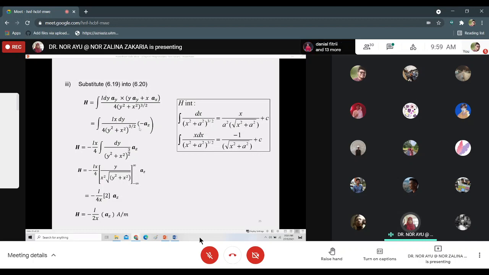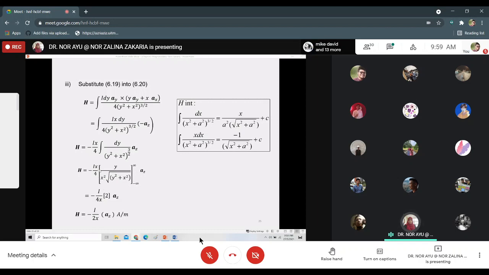Nampak, senang nak nampak. Okay, so this is the one, and then again take out benda yang kamu takkan integrate. So x over 4, and then integration is this one sahaja, dy over y squared plus x squared, and then using this identity, and you will get something like this. Okay, and then cancel out this x.